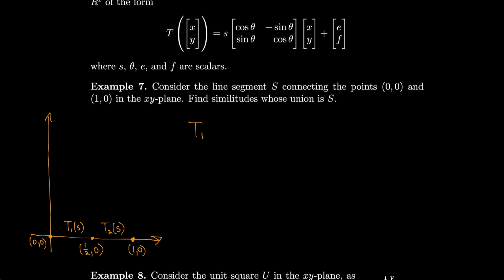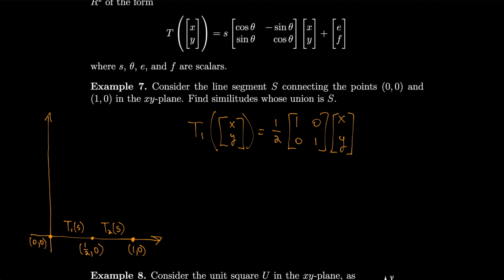I could write T1 explicitly as applying to (x,y). I need to take the entire thing and shrink it by a scale factor of a half, and then this entire big piece will end up over here as T1. So I'll just take half of [1, 0; 0, 1] applied to (x,y). Whatever (x,y) was, just take half of [1, 0; 0, 1] applied to that.